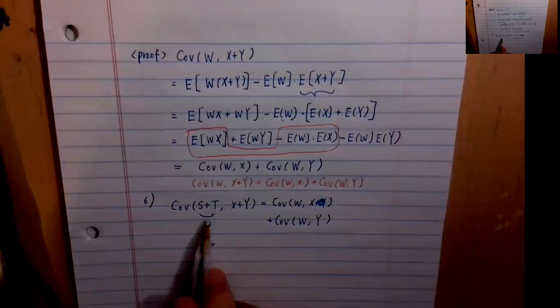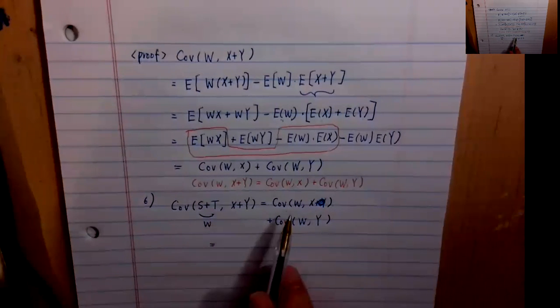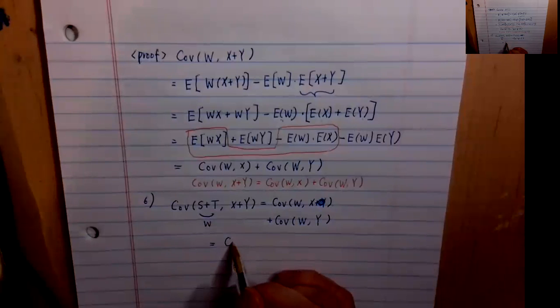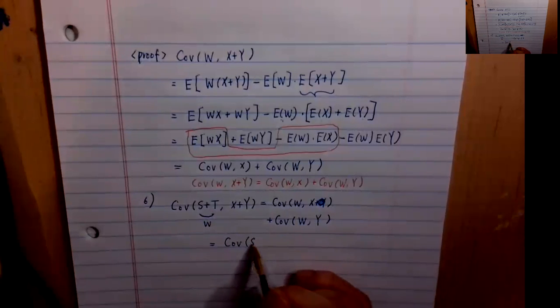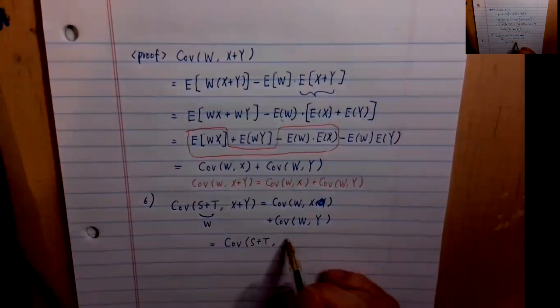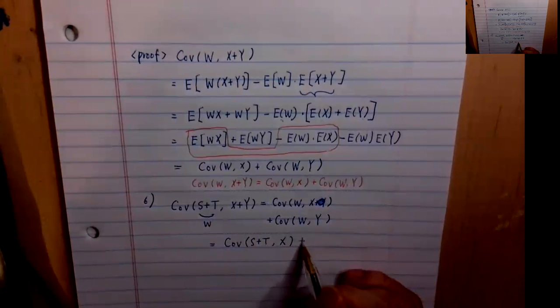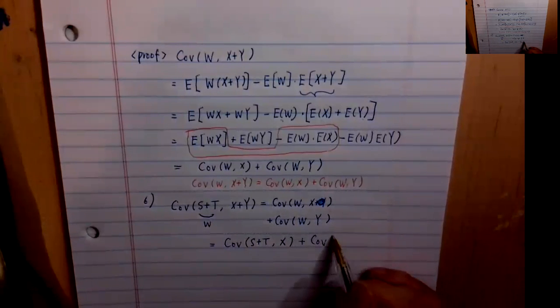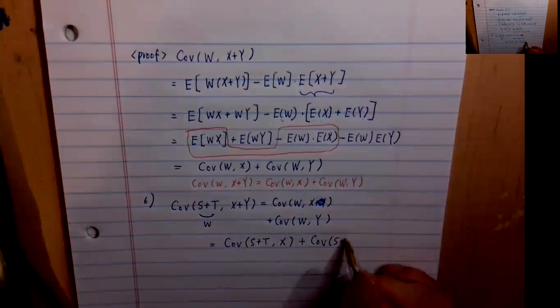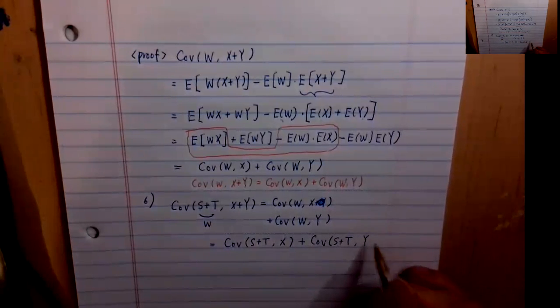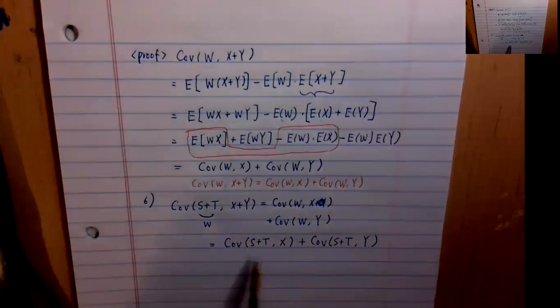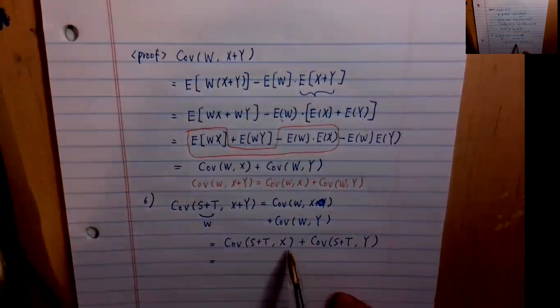But W is S plus T, so we apply it here. So it's covariance of S plus T and X plus covariance of S plus T and Y. So apply property 5 again.